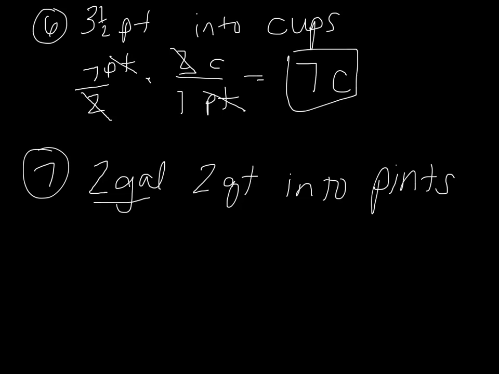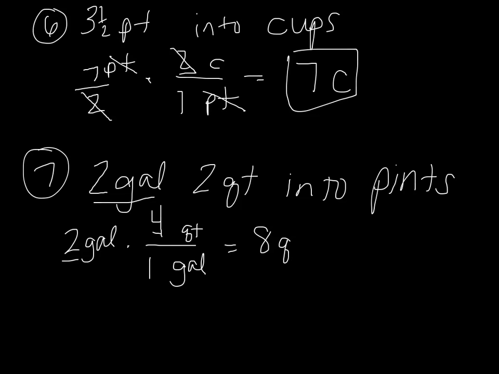I'm going to change these gallons into quarts, and then I can go from quarts to pints. Okay, so first off, I'm going to start with 2 gallons, and I want my answer to be in quarts, and so at the bottom needs to be gallons. Okay, looking back at my chart, I see 1 gallon equals 4 quarts, so I have to do 2 times 4. So I would get 8 quarts.